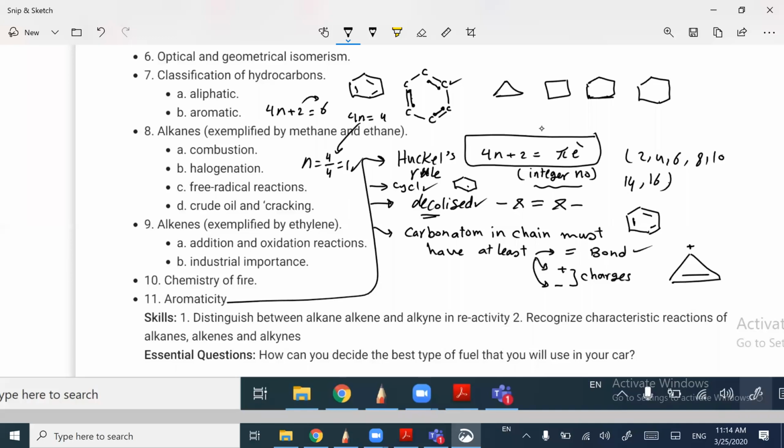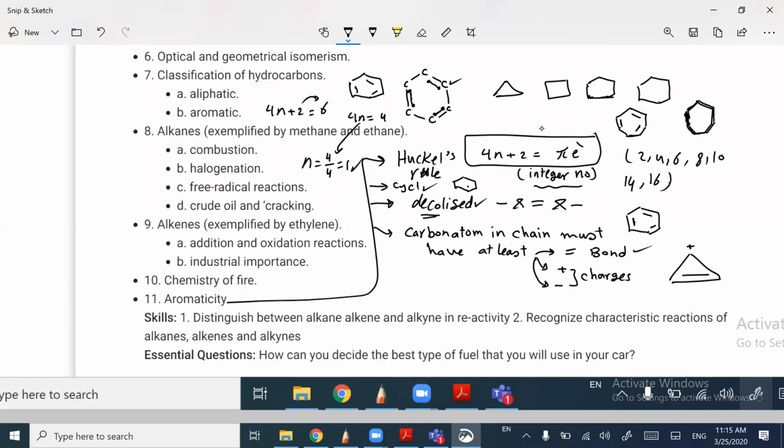Maybe the compound is like this. Let me draw it better. Single, double, single, double, single, double.